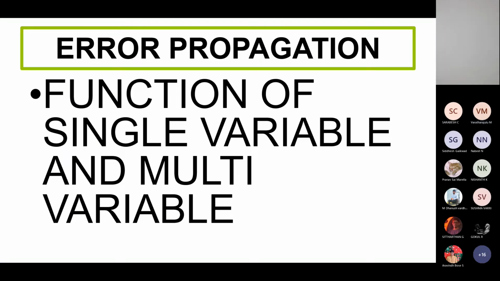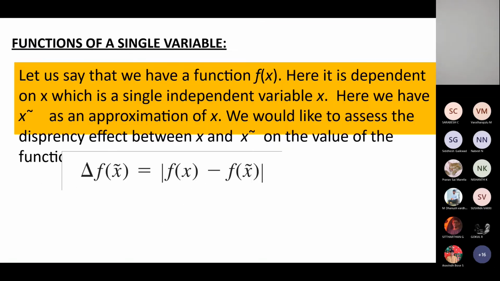Hello, everyone. Today I am going to present on functions of a single variable and multivariable. Next slide. Let us see the function of a single variable that is dependent on a single independent variable x. Let us assume that x bar is an approximation of x.